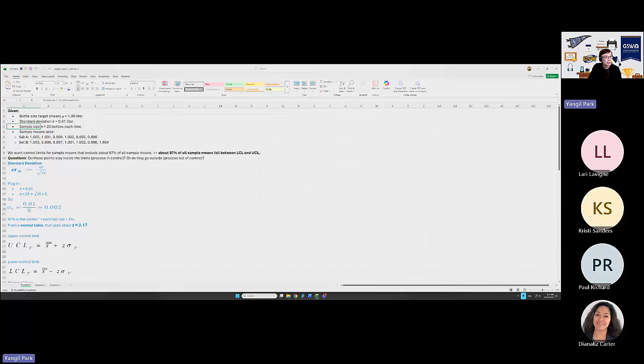And here are the two sets that they have run for the samples, set A and set B. So the question from here is, what are the upper control limit and lower control limit that all those random samples go into?